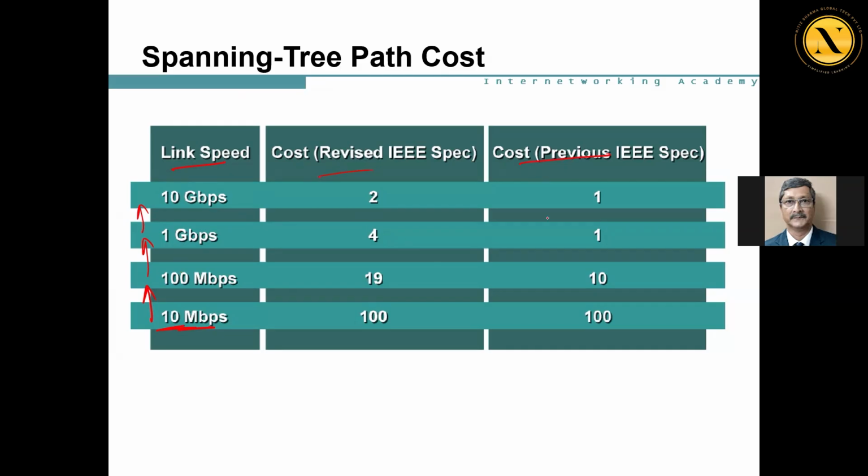In the very old one, 1 gig and 10 gig were the same because 10 gig was not born, so ignore this. Let's talk about this one. 100 Mbps, 10 Mbps; cost is just some value: 100, then 19, then 4, and then 2. So faster speed is good. But today it will be like this.